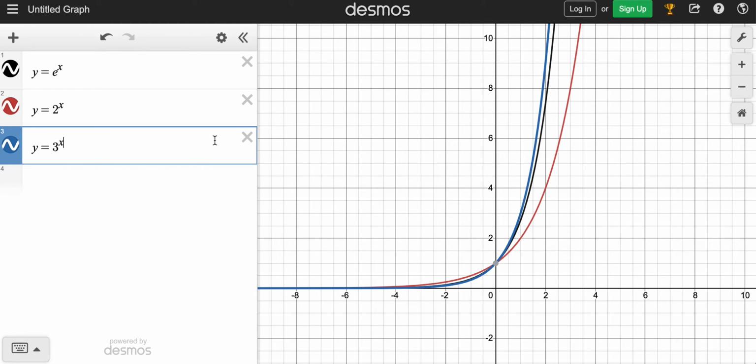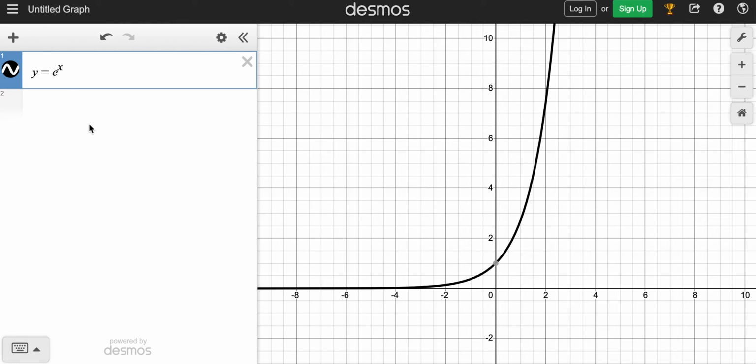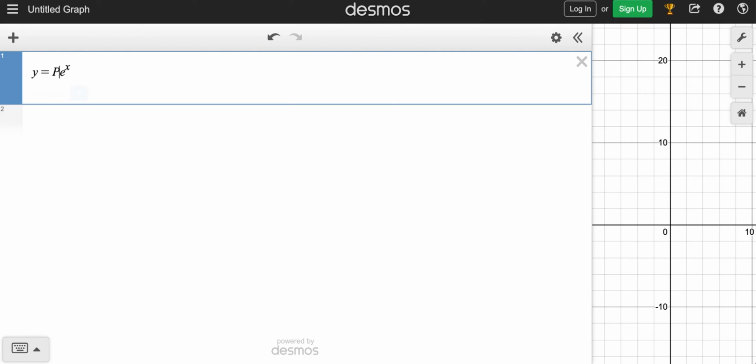Okay. Now, to take things a step further, when you find out that something is compounding continuously, we change the structure of the equation to y equals p. Let me move this off because the graph doesn't make much of a help right now. Y equals p times e to the r times t power.